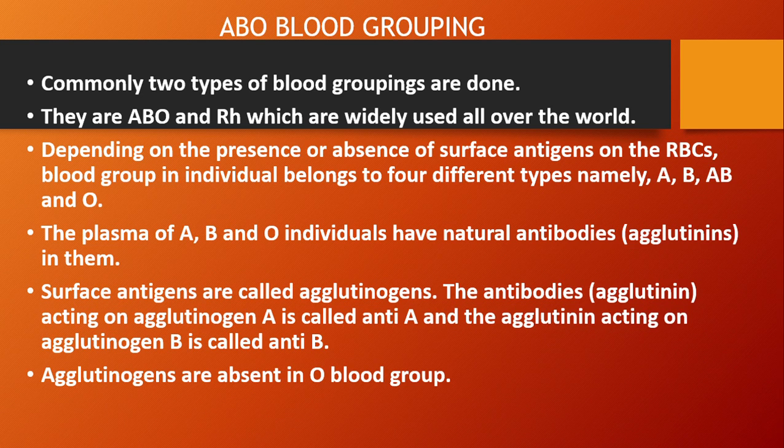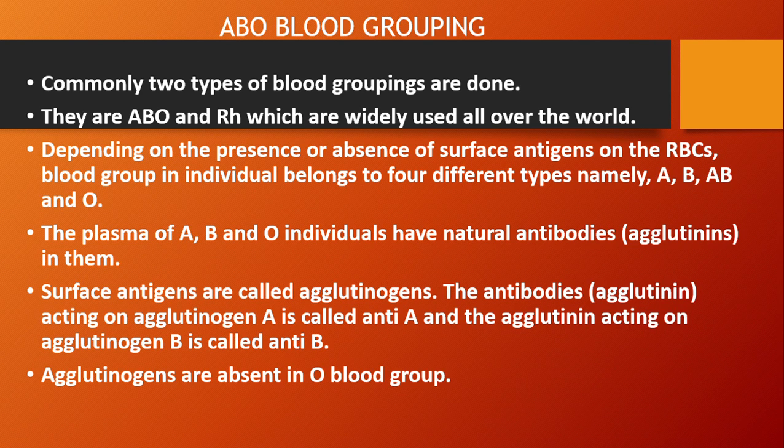Likewise, in plasma, antibodies are present. These antibodies are also called agglutinins. So, please remember, the surface of RBCs has antigens and plasma has antibodies or agglutinins. The surface antigens are also called agglutinogens, like antibodies which are otherwise called agglutinins.